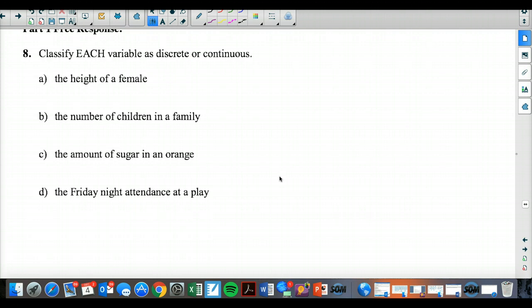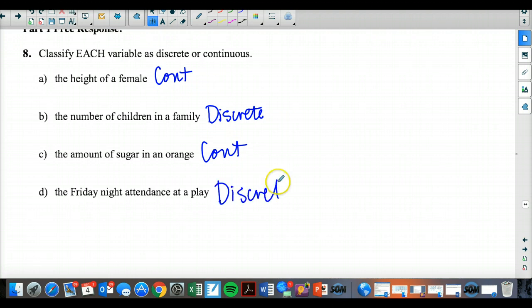Okay, Easton, what do you think about the height of a female? I agree. The number of children in your family, Maddie. Discrete. The amount of sugar in an orange. Continuous. And Friday night attendance at a play. Discrete. Have we figured it out?